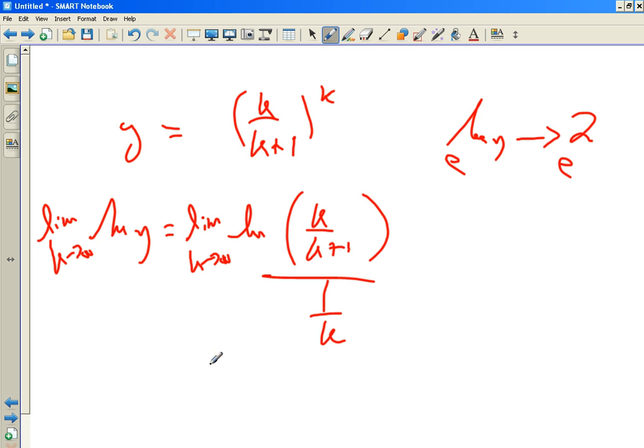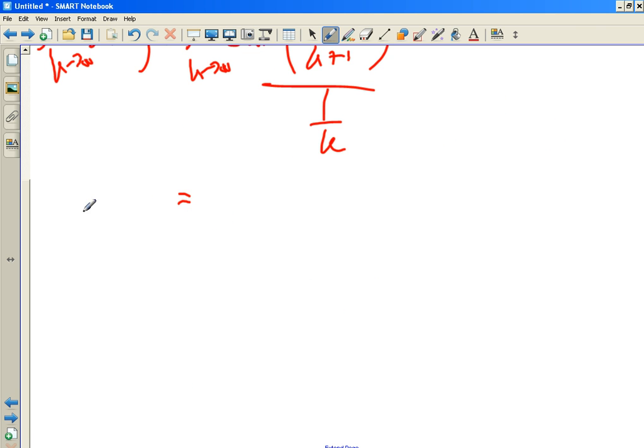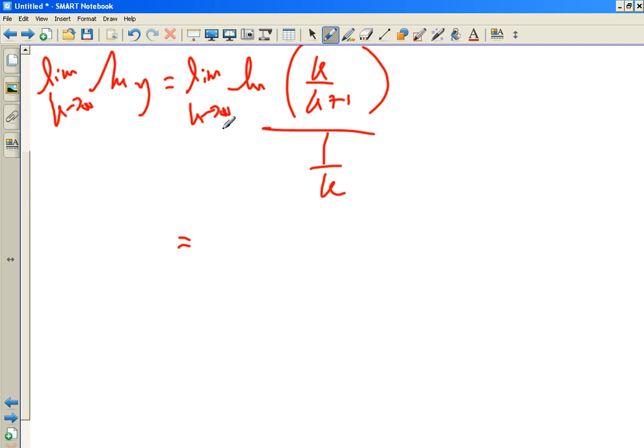What does L'Hopital say? If you can't do the limit as is, but you get 0 over 0 or infinity over infinity, take the derivative of the top separate from the bottom, do two separate derivatives, and try the limit again. It might be easier, and it might actually give you an answer. It might diverge. That's an answer too, right? Okay, so what's the derivative of ln u?